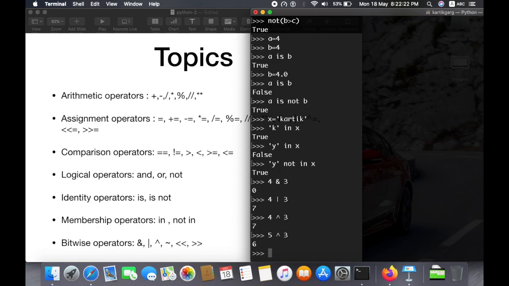If it encounters the same bit like 1 and 1 at the ones place, then it will turn that value to 0. But if the two bits are different, like at the tens place 0 and 1, they are different bits, then it will result into 1, and at the hundreds place the value would be 1. So the output would be 110, that is 6.